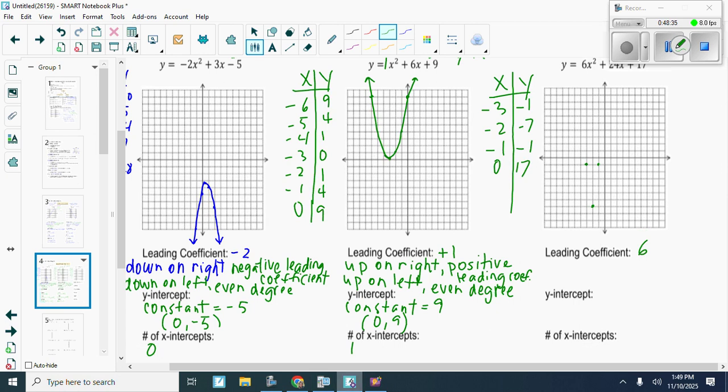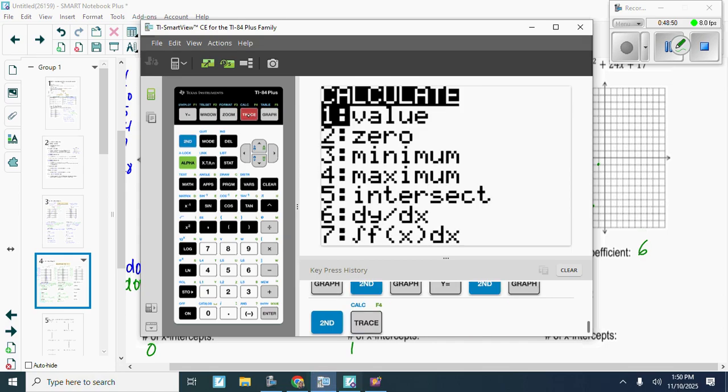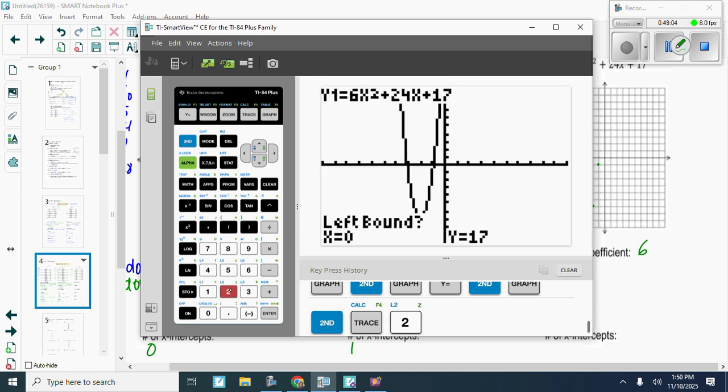Guys, this doesn't tell me what my x-intercepts are when my y is equal to 0, because it only gives me solid numbers for x's. Do you remember on your calculator when you do second trace, number 2 says zero. That's how you find out what your y equals 0 is, and that'll tell you the x value for that. There's 2 of them.